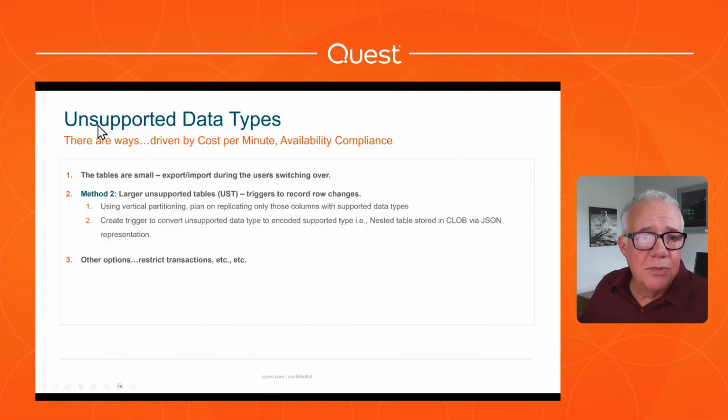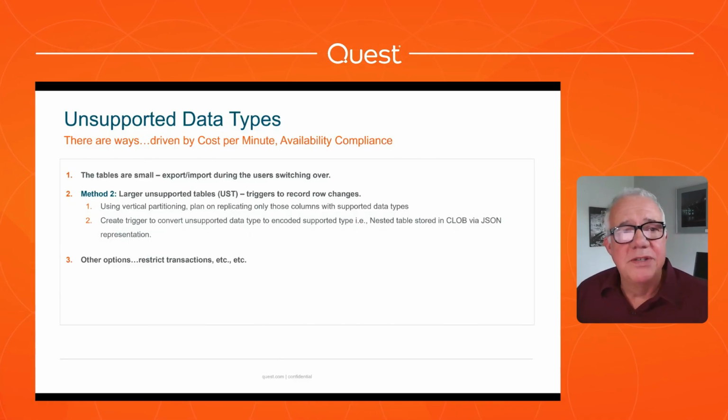Now, there are other ways of doing it. I mentioned small tables. Also, if you have large unsupported tables, you can use vertical partitioning. Again, you're supporting only the columns that have supported data types.